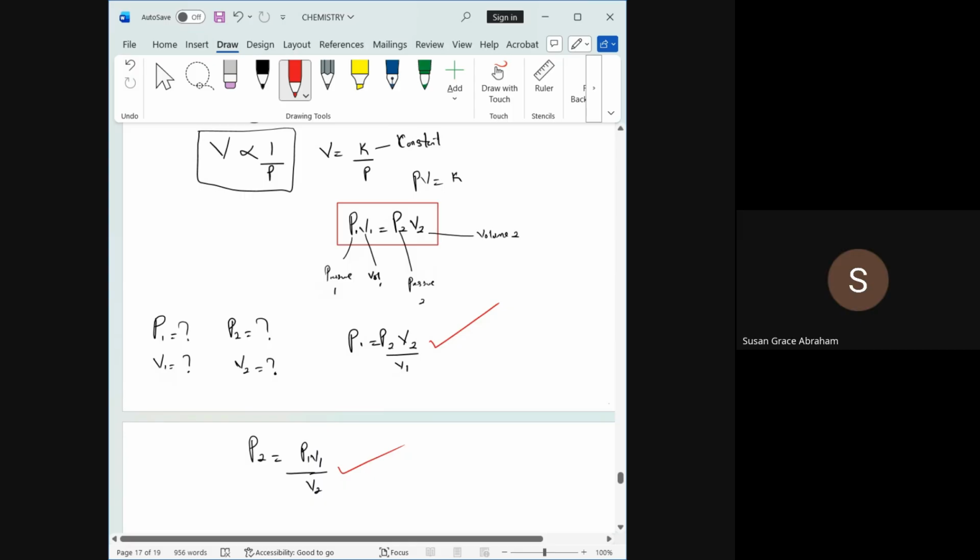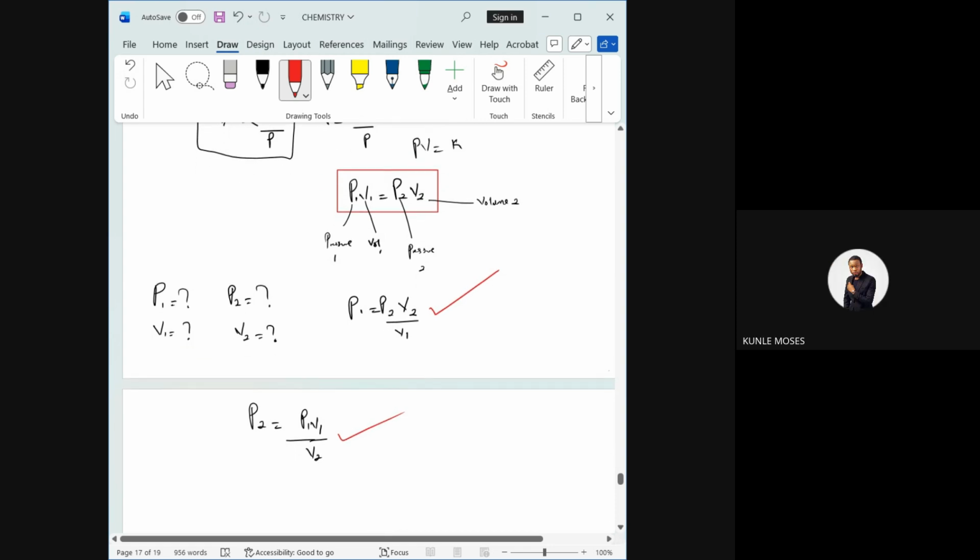V2 is equal to P1 V1 over P2. Come again.